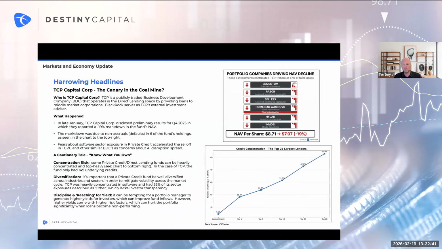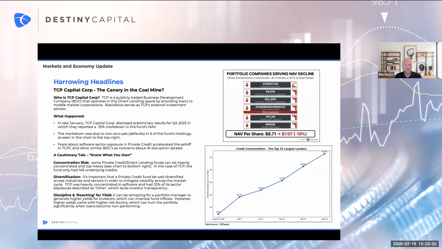So not just diversification in number of underlying credits, how many businesses they are lending to, but also diversification across underlying sectors, industries, and so forth. In the case of TCP, like I said, they were heavily concentrated. Their largest exposures were in software.